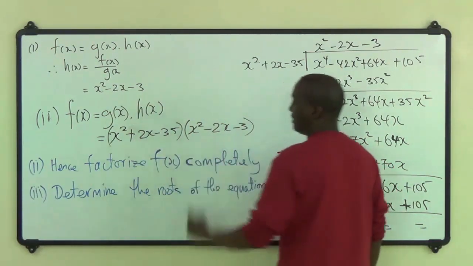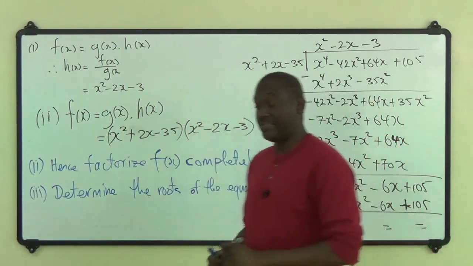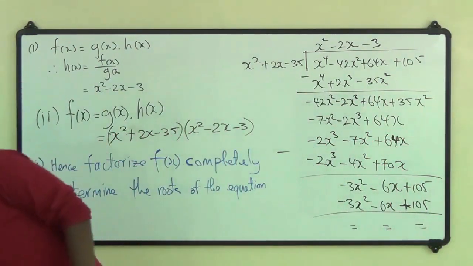So g of x by h of x. This is your first level of the factorization. That is your first stage of the factorization.